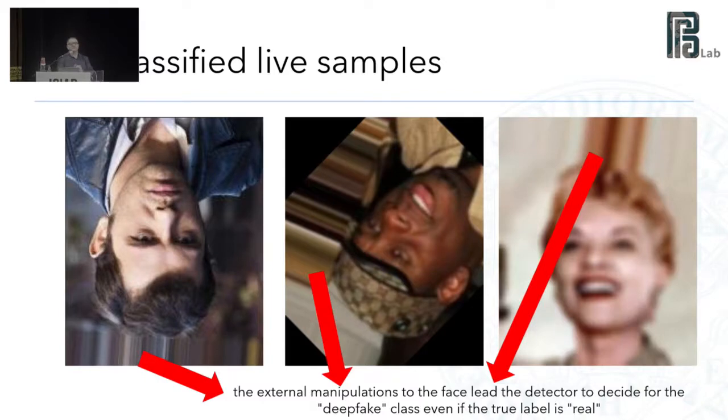And this suggests that our network worked just as a general artifact detector. In the sense that there is no deepfake in this case, okay? But there are corruption artifacts. So the point of view of the network was simply to say, be careful, this image is not perfect. There is something wrong in the image.